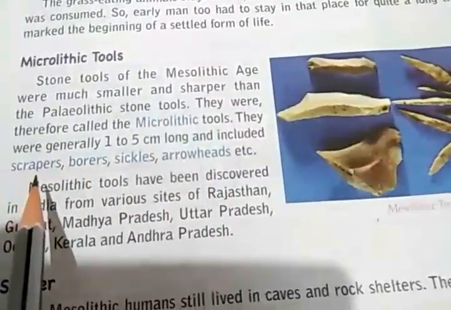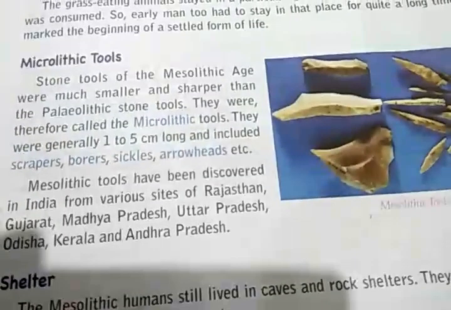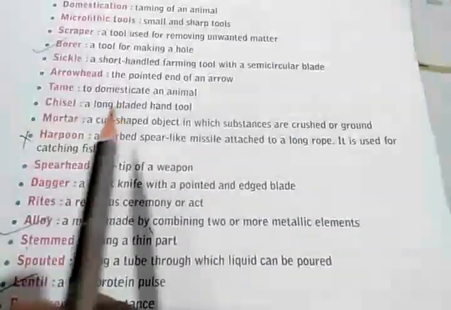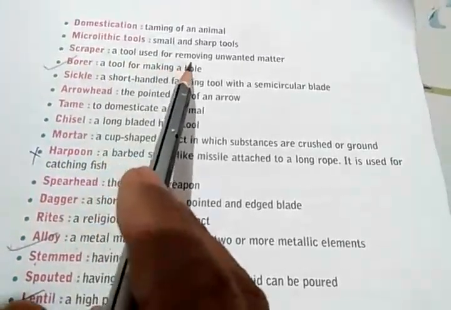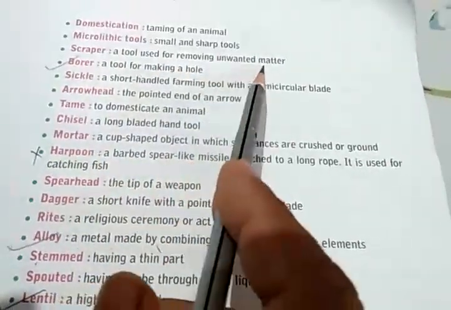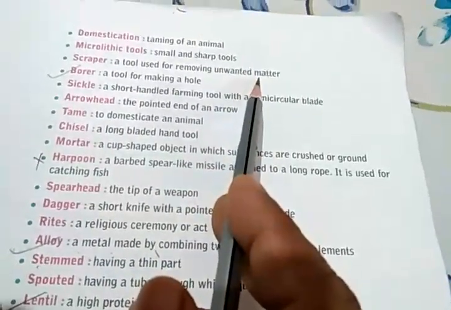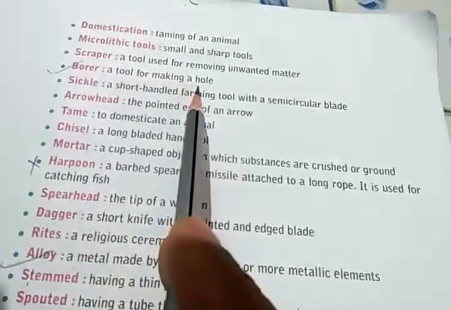Now, if you want to know the meaning of these, what a scraper, a borer, a sickle, or an arrowhead was, just turn the page and go to the quickies. Over here you will see scraper, a tool used for removing unwanted matter, like removing soil. Borer, a tool for making a hole.